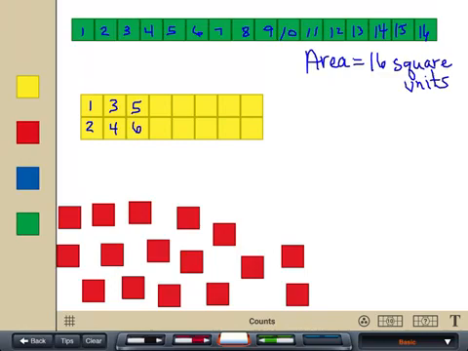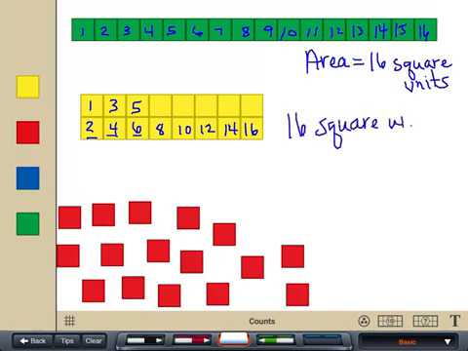Do you see these groups of 2? So could we just skip count? 2, 4, 6, 8, 10, 12, 14. I always have a hard time with those 4s. 16. So what is the area of this rectangle? Again, it is 16 square units.